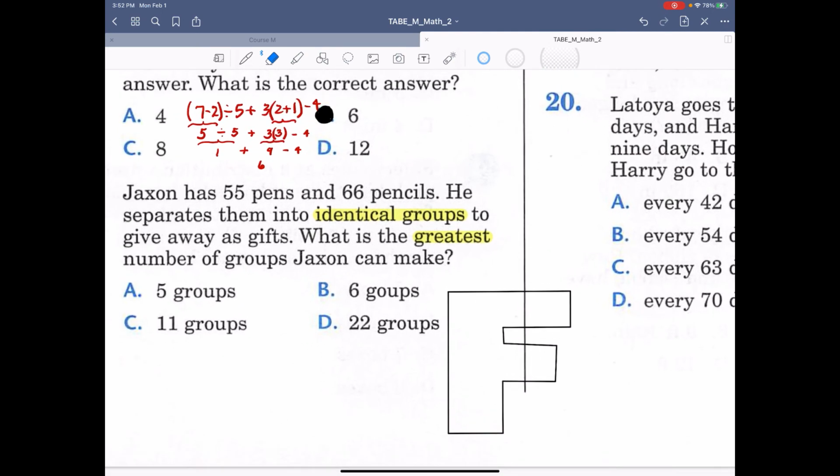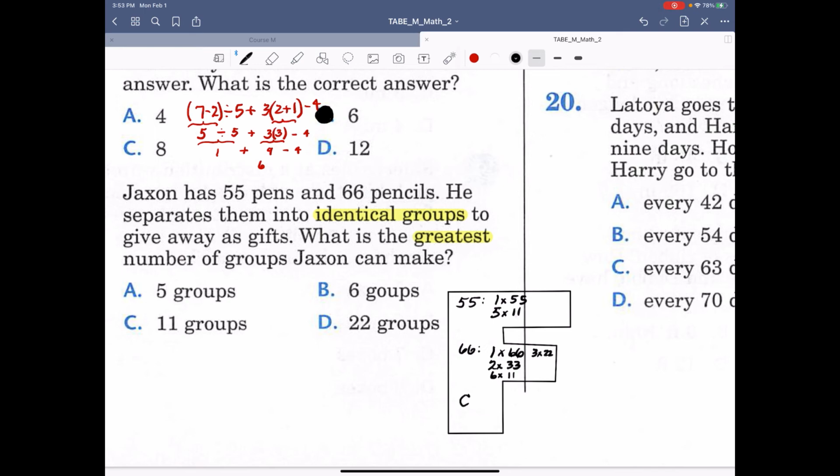All right, so we have pens are 55, and pencils are 66. 1 times 55, 5 times 11. 1 times 66, 2 times 33, 6 times 11, 3 times 22.